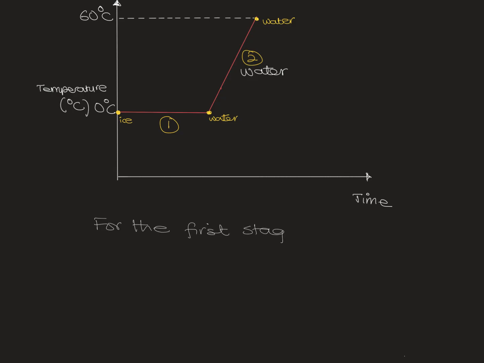The first stage is about phase change. So if we want to know the quantity of heat, the formula that we have to use is Q equal to the mass times the specific latent heat. In this case, it is the specific latent heat of fusion because we are dealing with a melting process here.